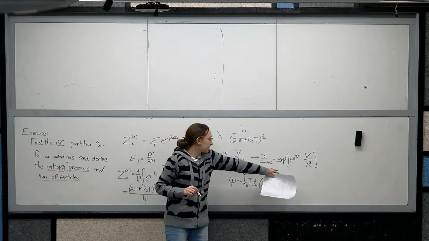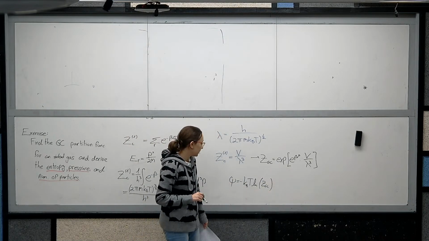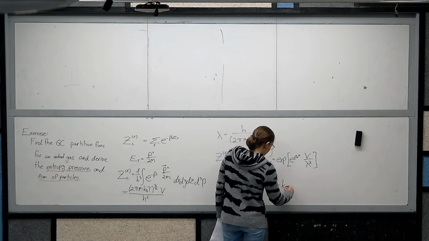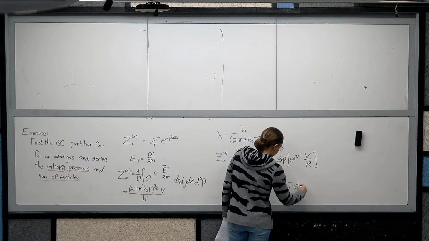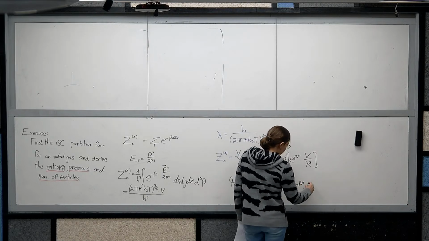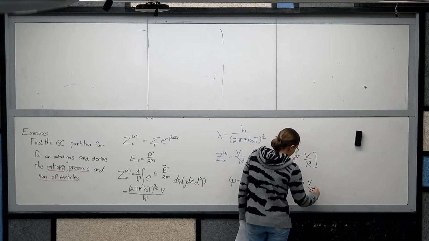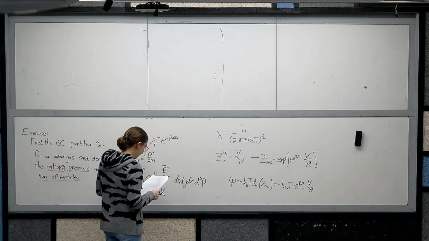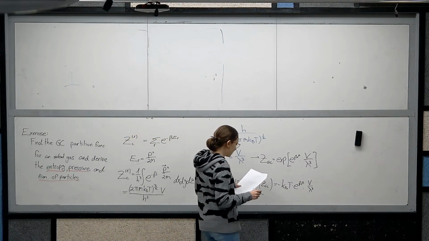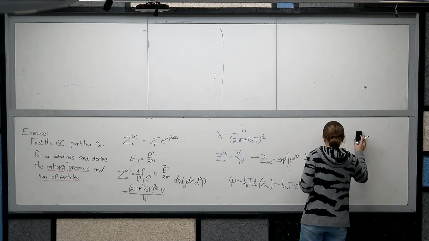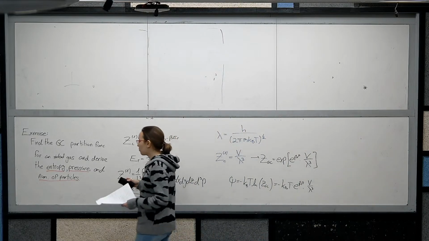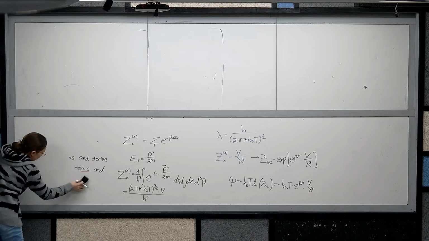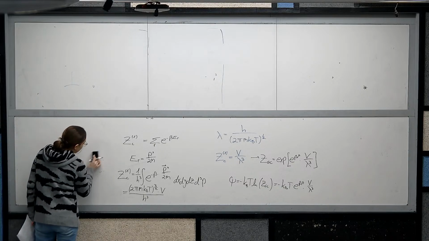Let's insert it into this equation, and we get minus kBT exponent of beta mu times V divided by lambda to the third. And now we can derive the entropy, the pressure, and the number of particles from this potential.